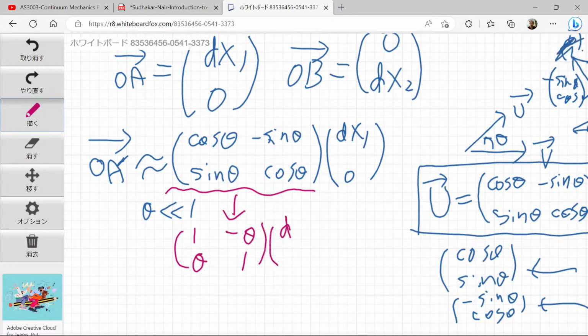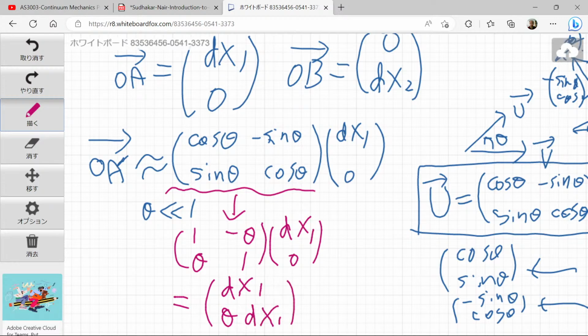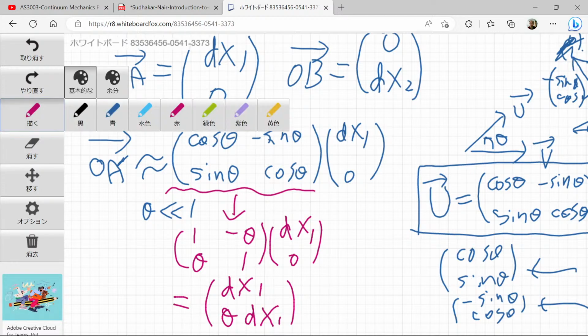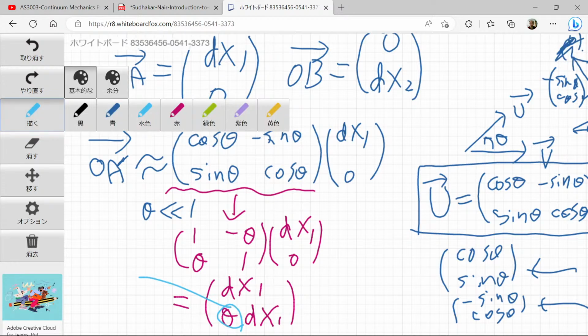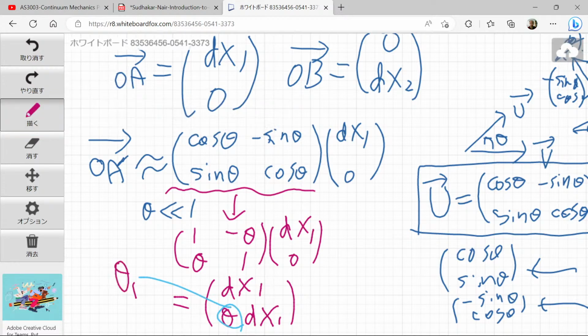And then you have dx1, 0. So you have dx1, theta dx1. You call this theta 1, 2.